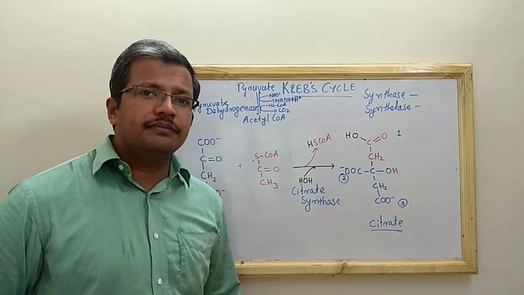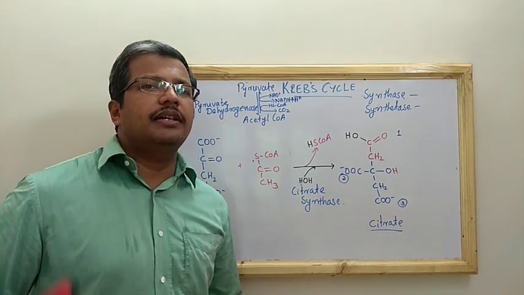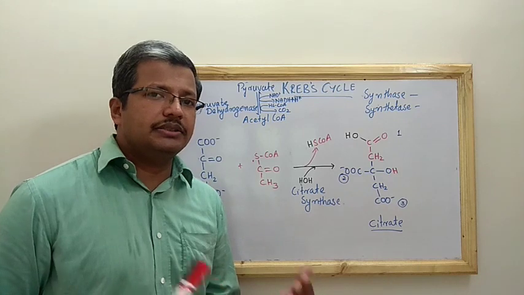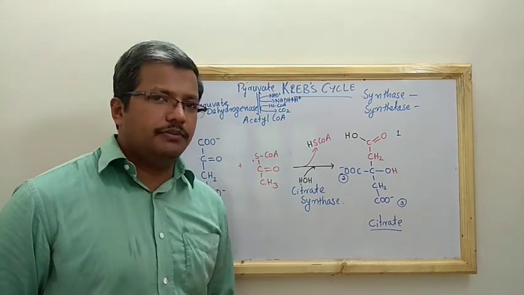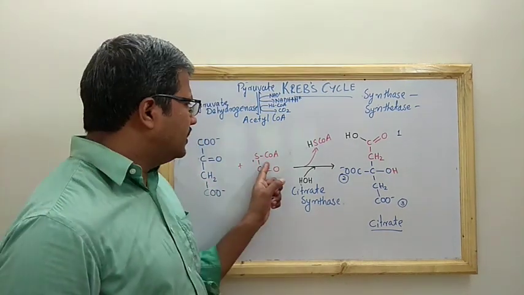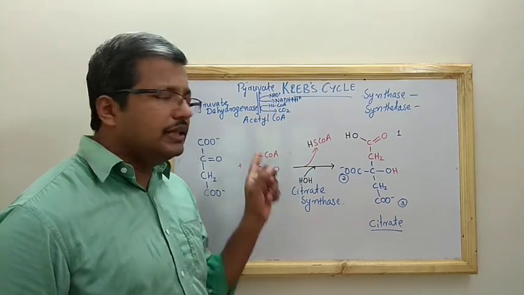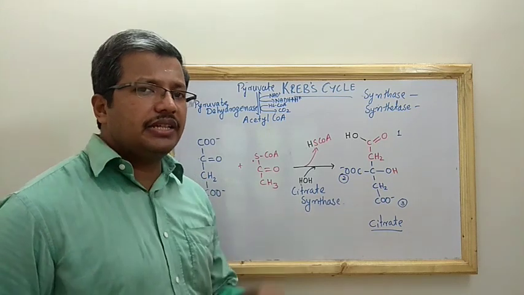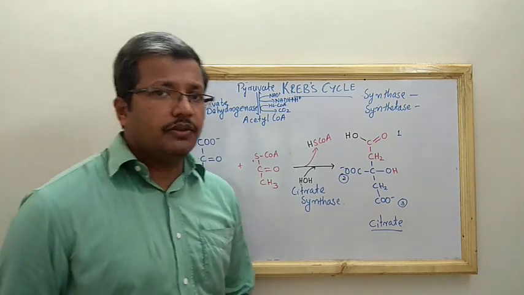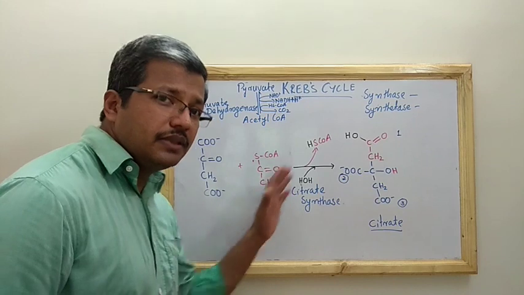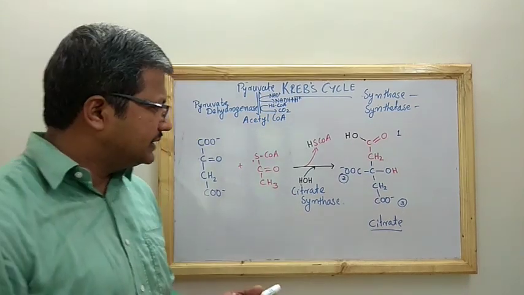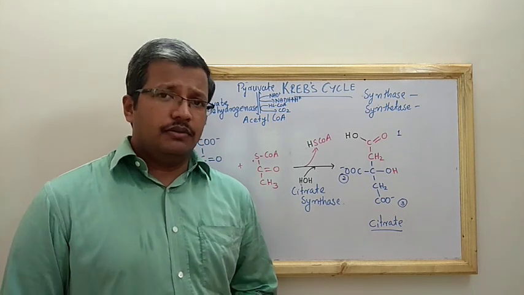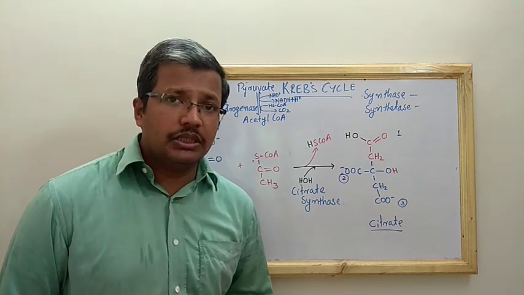Okay, that can favor a reaction which otherwise is thermodynamically unfavorable. So this removal of the coenzyme A is actually releasing energy which can favor the reaction. So hope you remember whatever I said: why the enzyme name is synthase, why it is not synthetase, why energy releasing compounds are not there.